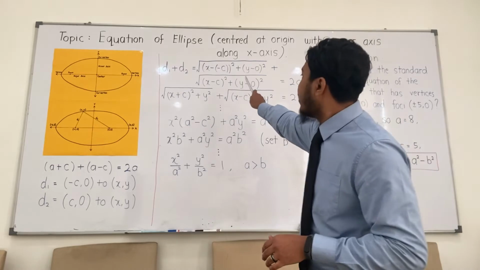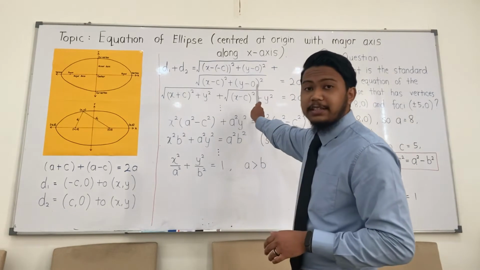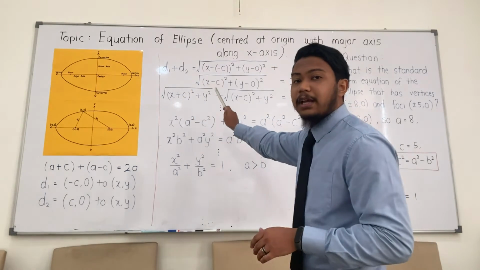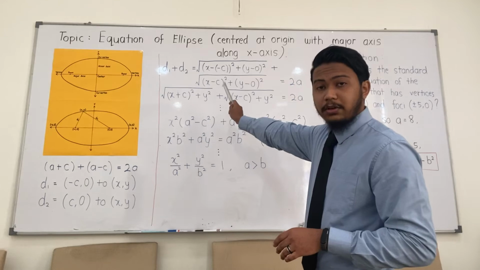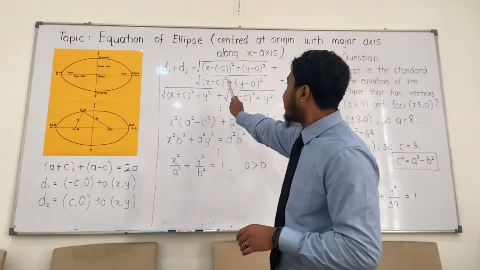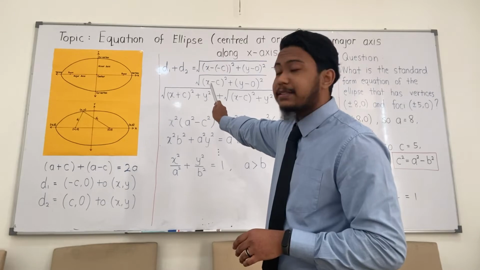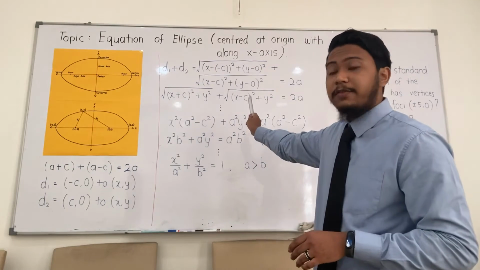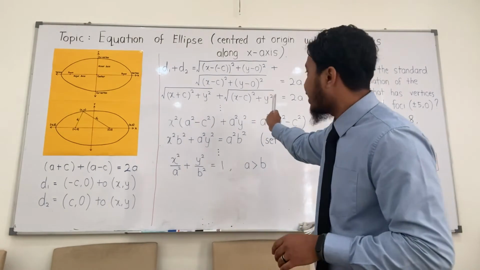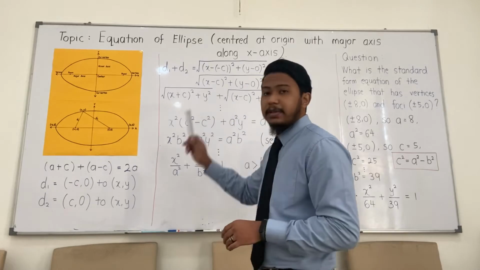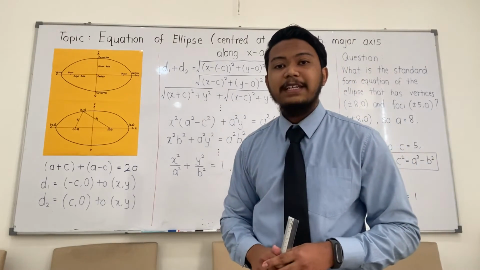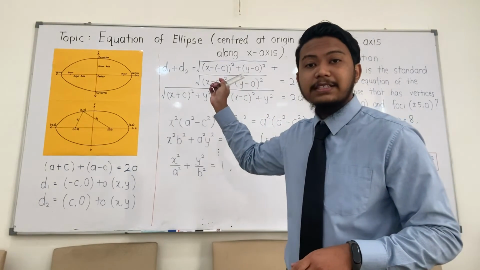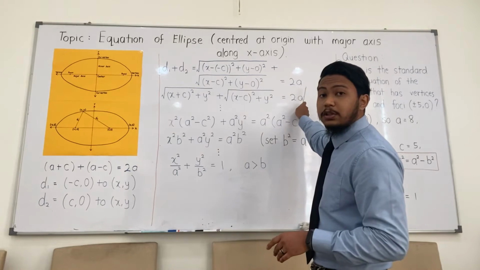As you can see from this equation, d1 plus d2 equal to square root of square bracket x minus negative c plus square bracket of y minus 0, plus square root of square bracket of x minus c plus the square bracket of y minus 0, equal to 2a.